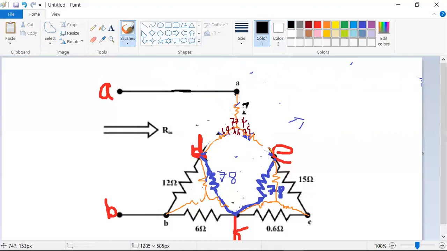This is 77.4. This is 16.25. Now this is 19.5. So I'm done with this.